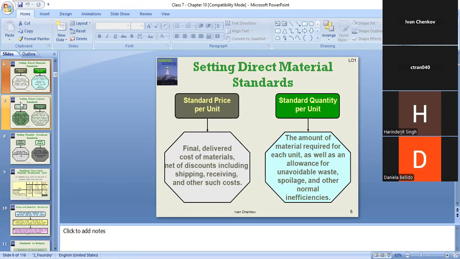So for our purpose here, in order to set up the correct standards, we're going to set up the standard for the price per unit. What will that standard be? That will be the final price when the unit is actually delivered. It includes the cost of the material, delivery, any discount, shipping, receiving, and other such costs.